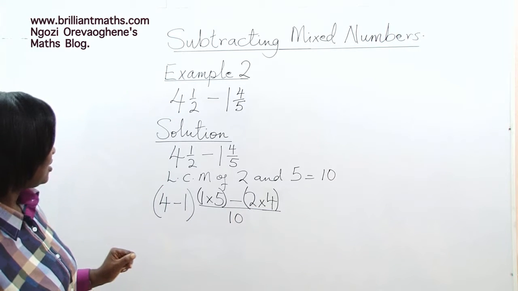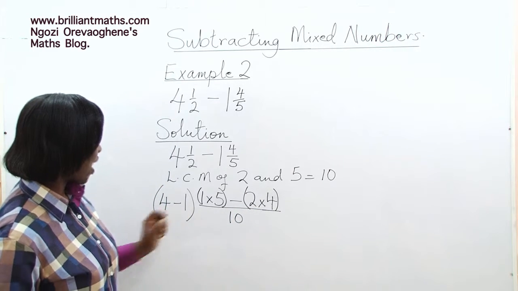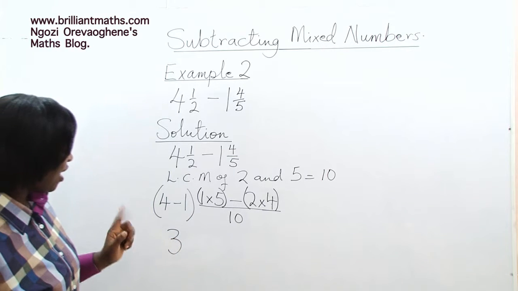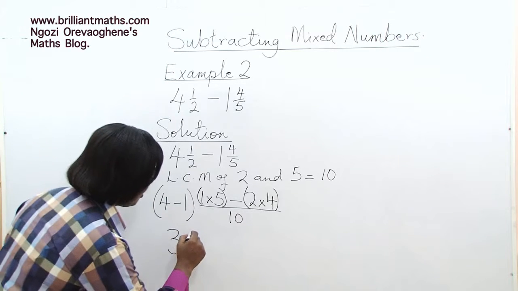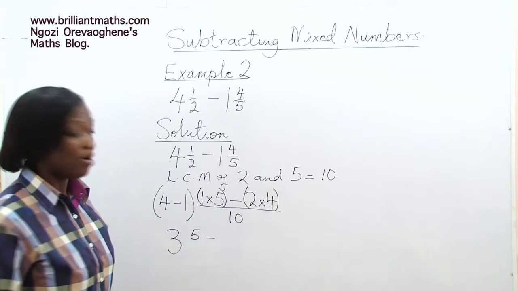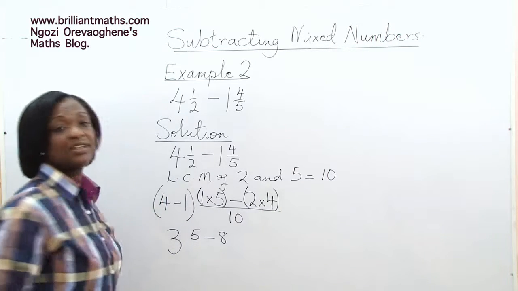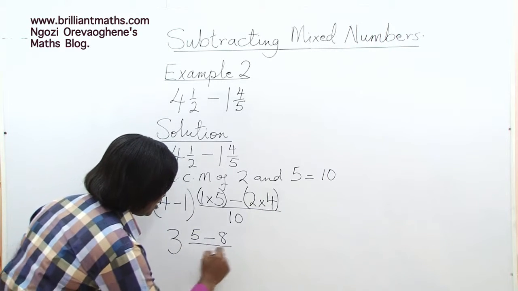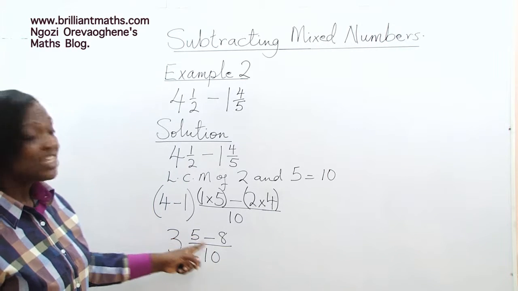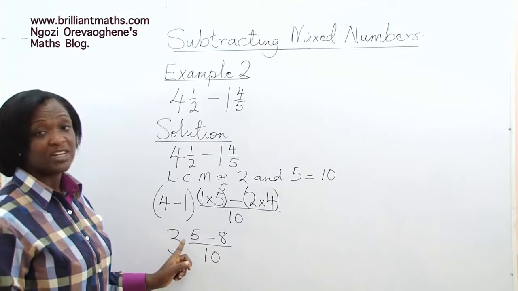So we have that 4 take away 1 is 3. And 1 times 5 is 5, minus 2 times 4 is 8, all over 10. 5 take away 8. 8 is greater than 5.